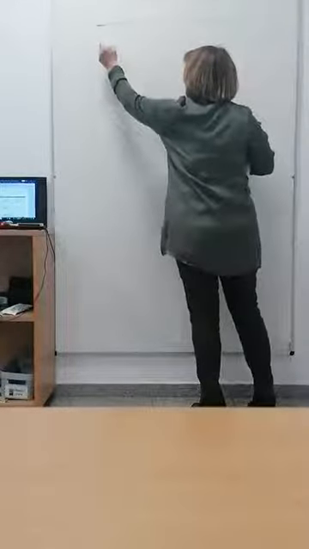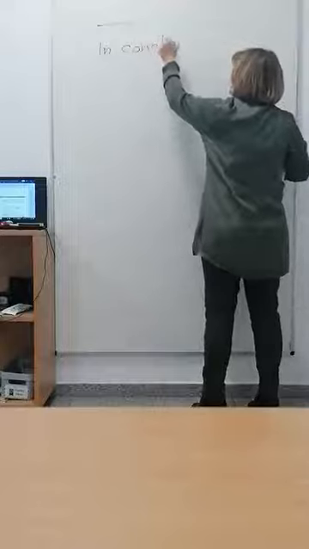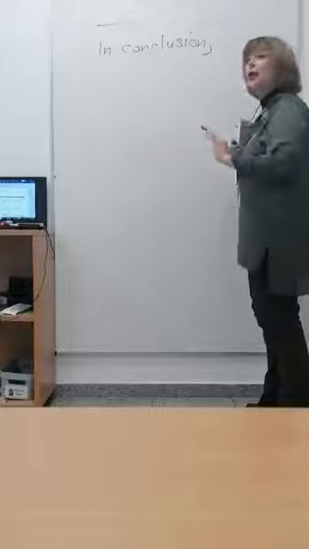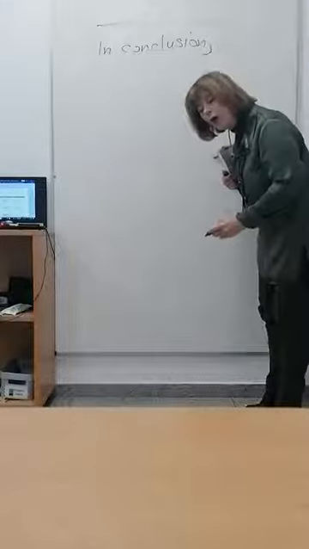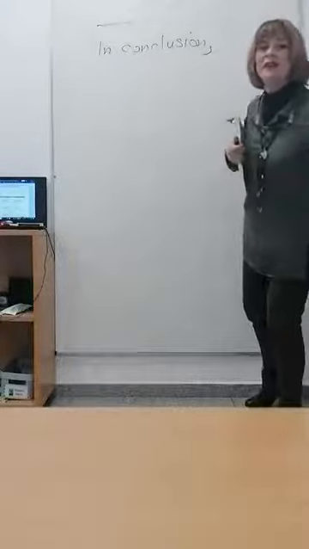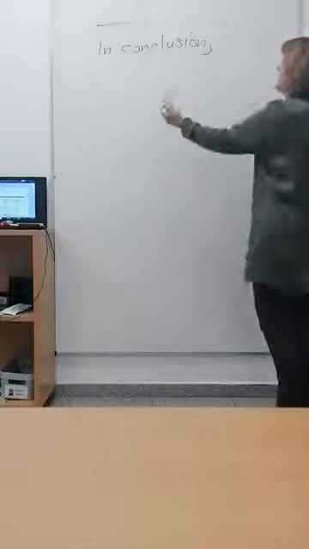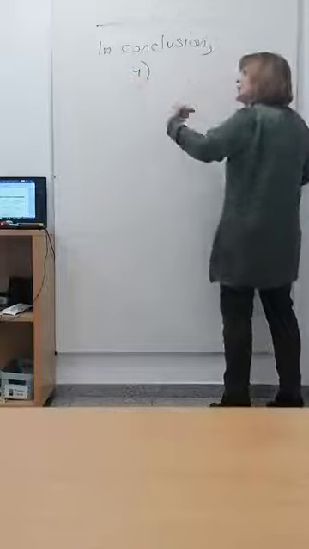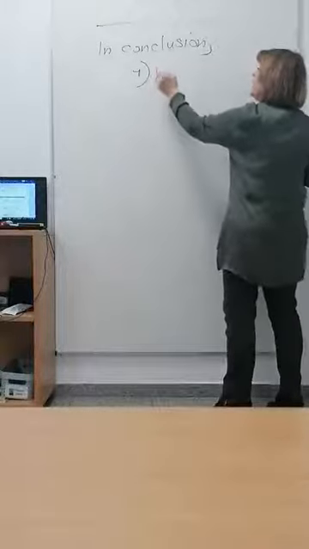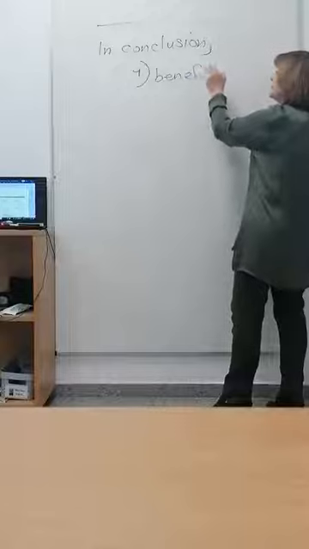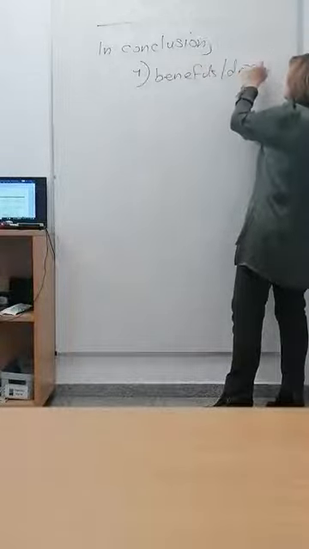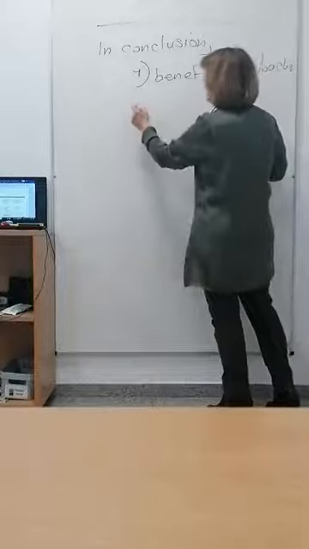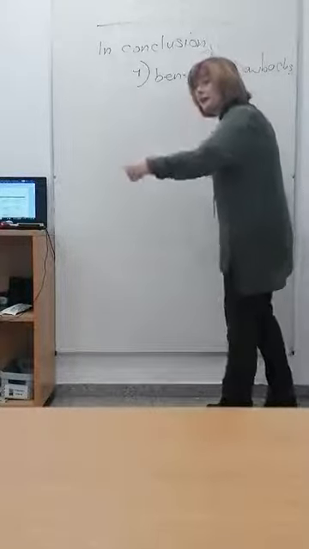When we write "in conclusion" or "to sum up", or whatever you write, and the comma, the first thing you write is not "in my opinion". We need to write "in conclusion", and then the first sentence needs to sum up. There are benefits and drawbacks of teenage rebellion, maybe. Or there are positive aspects to teenage rebellion.